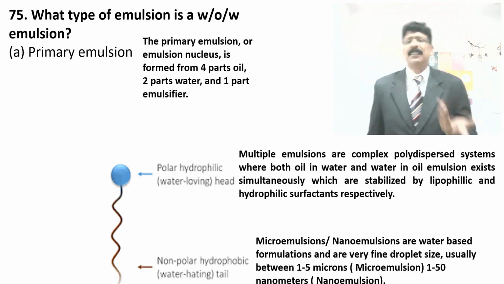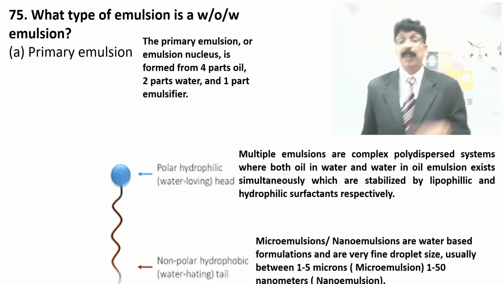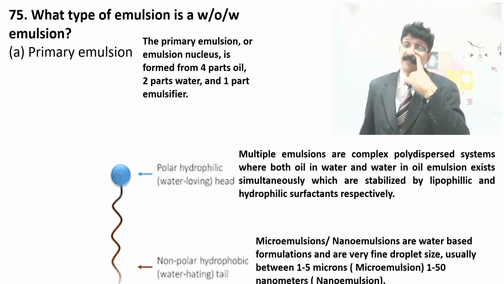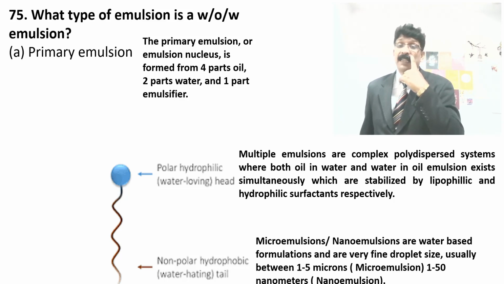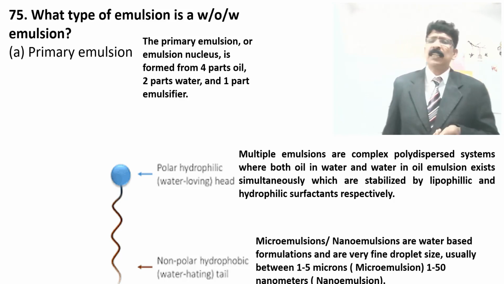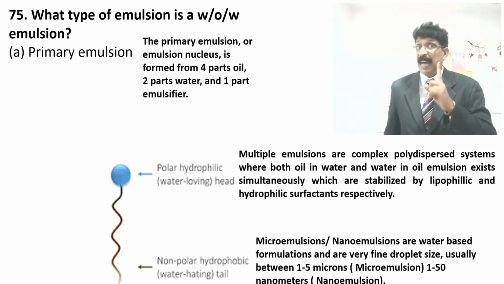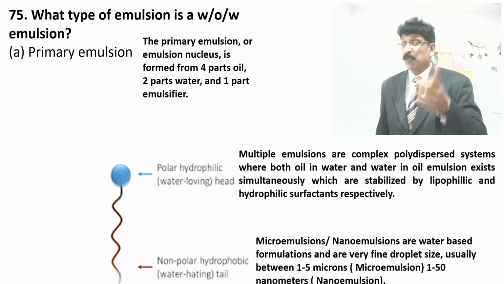A multiple emulsion is a complex polydispersed system where both oil in water and water in oil emulsions exist simultaneously, stabilized by lipophilic and hydrophilic surfactants respectively. So this is the answer, 100% sure, because water in oil and oil in water exist in the same emulsion.